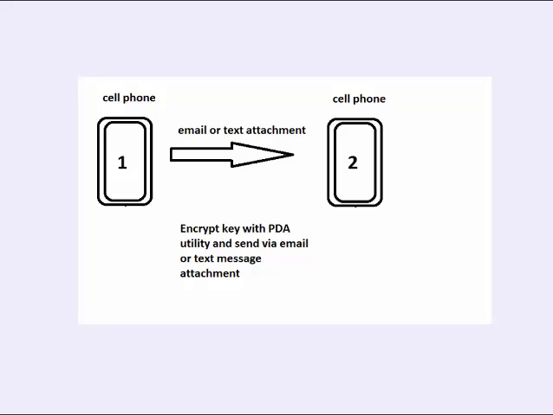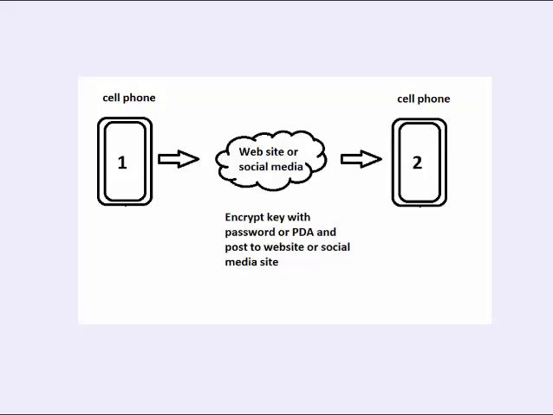This method is slightly more complex, but it is also more secure in that the other user must create a key, a public key, for you to encrypt your communications key, the key that you want to use via Nunya, and then you send that back to them. This requires an exchange of emails and or text attachments.